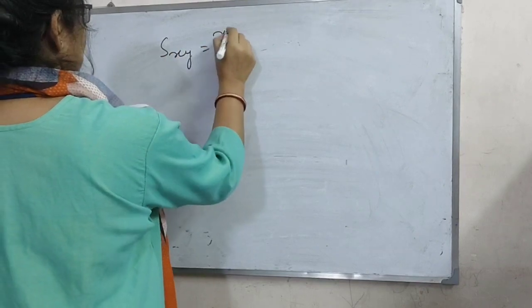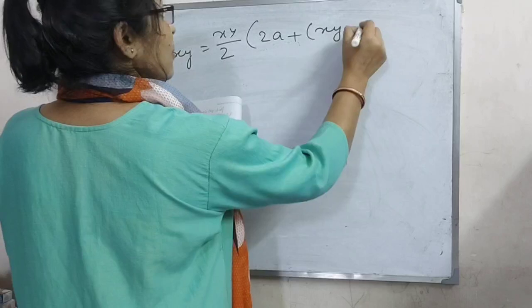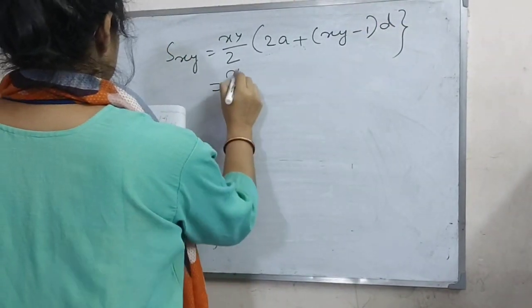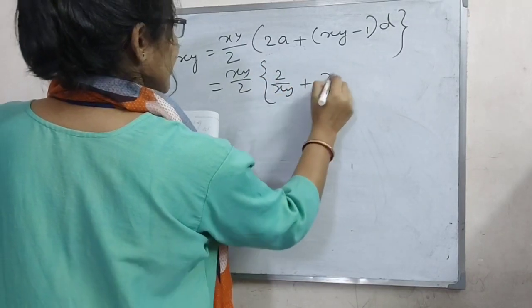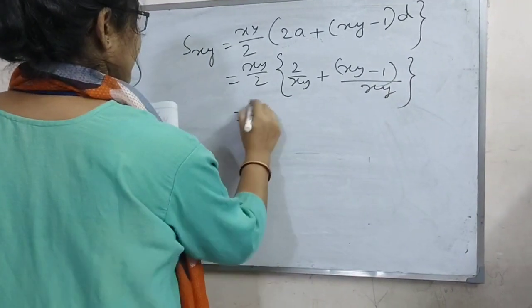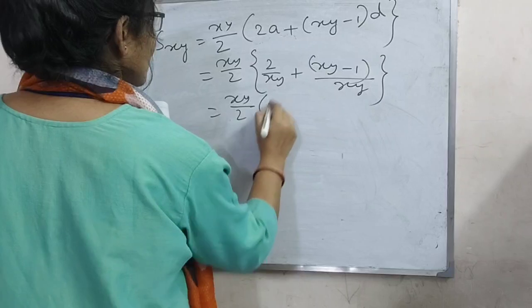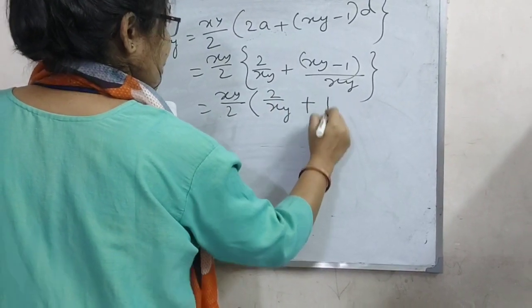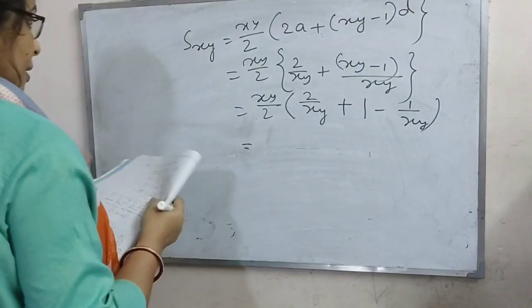Sxy equals xy by 2 into 2A plus xy minus 1 into D, which is xy by 2 into 2 by xy plus xy minus 1 by xy.